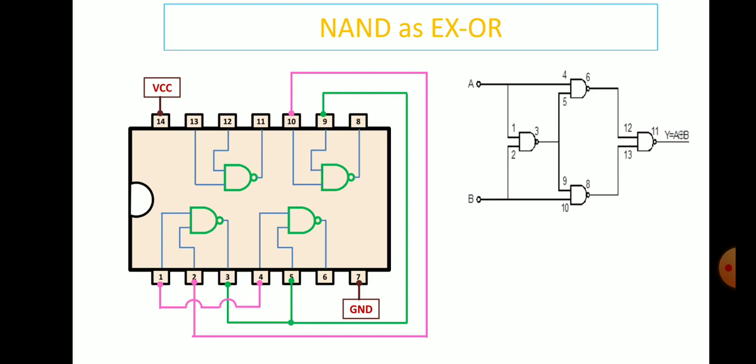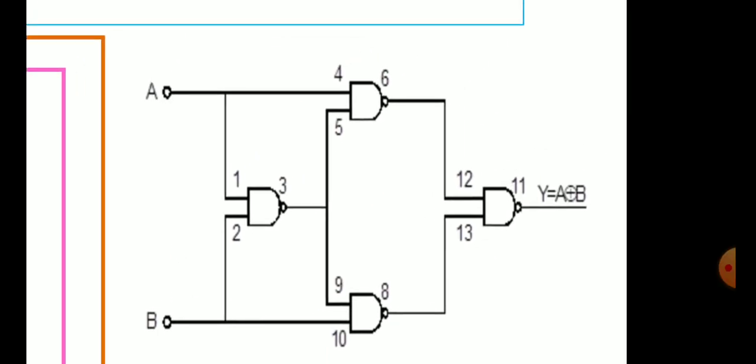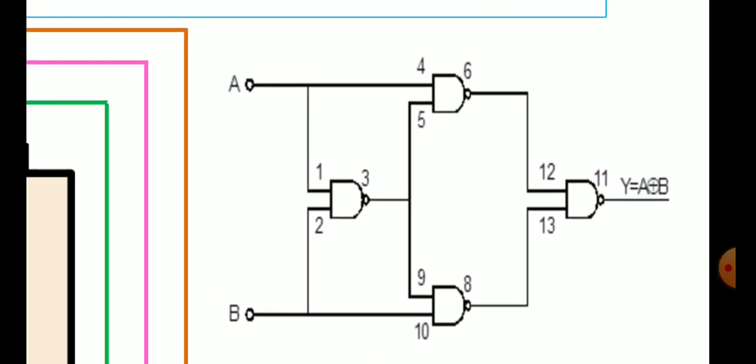Then the output of the second gate, pin number 6, is connected to pin number 12. The output of pin number 8 is connected to pin number 13. See the circuit diagram: 6 is connected to 12 and 8 is connected to 13.